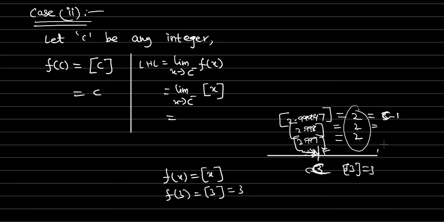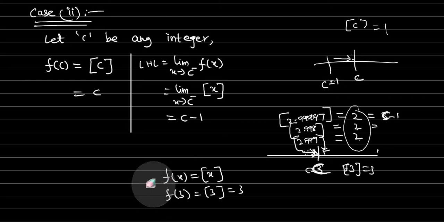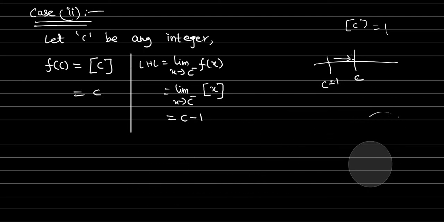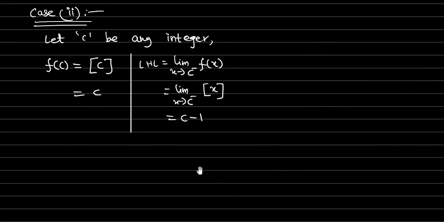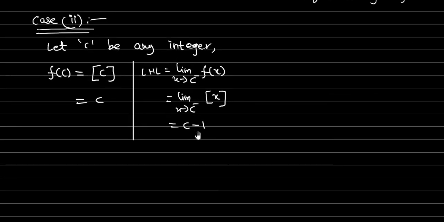Using logic I am telling: say let C be any real number. The left hand side close values, when we apply the greater integer function, the result will be the previous integer. How can we write the previous integer? It is C minus 1. So for the left hand limit, the result is going to be C minus 1, for the close values of C.